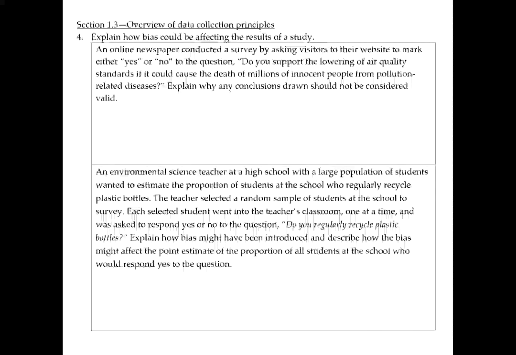The second issue here is that there is also response bias because of the wording of the question. It's worded in a way that most people would answer no. They would not support the death of millions of innocent people for whatever reason.